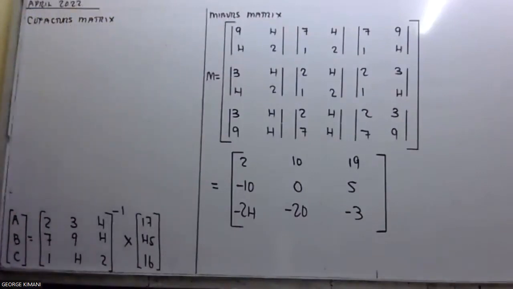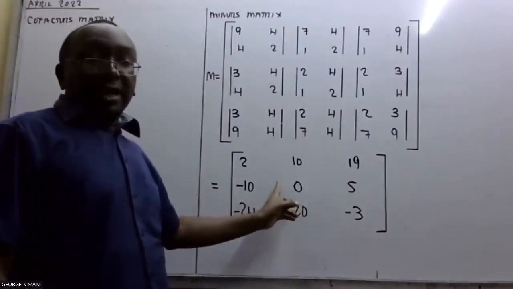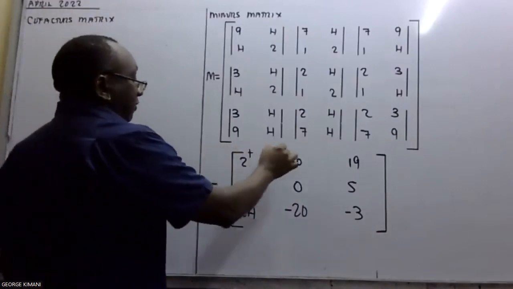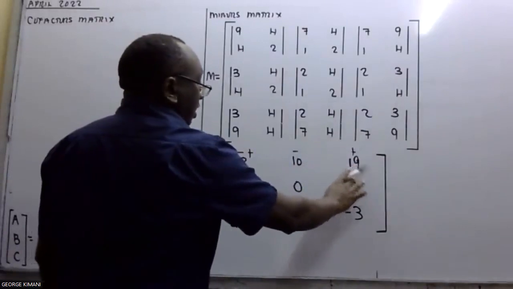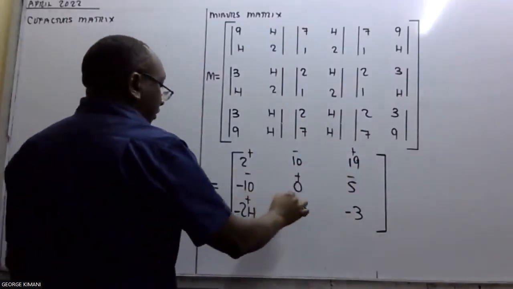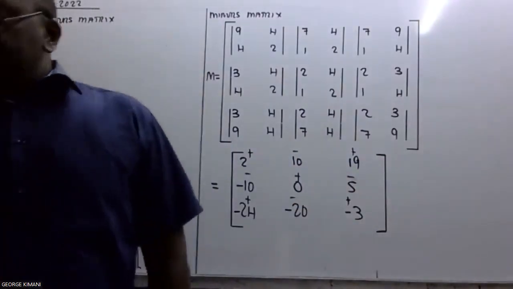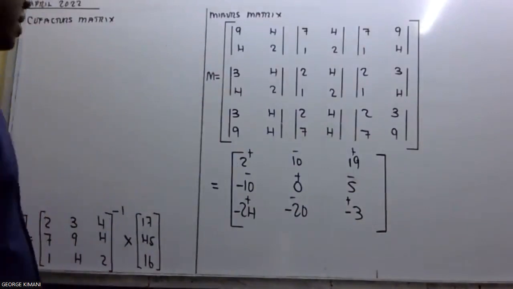And the cofactors matrix, I told you what you do. You come back here to the minus, and you start here with positive, then you go alternating. Positive, negative, positive, negative, positive, negative, positive. You put those signs there in an alternating manner, plus, minus, plus, minus.